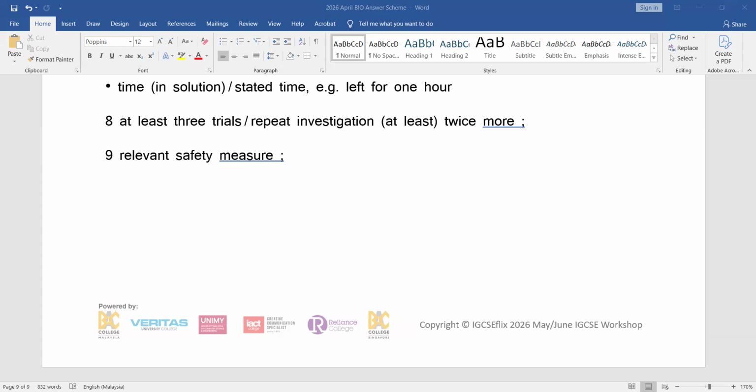Okay, so your answers are: T is palisade cell, has chloroplasts to absorb light energy. U is phloem, for translocation of sugars or sucrose and amino acids from source to sink.